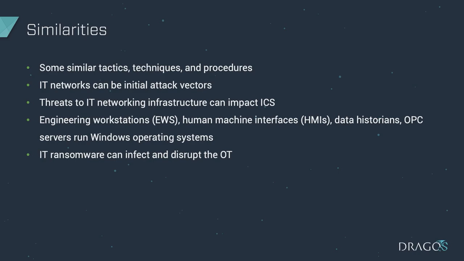You have spear phishing, watering hole attacks. These are common TTPs that you're going to see from OT-focused adversaries with the initial access vector. Again, IT networks can be initial access vectors like we kind of saw with the cyber brontosaur. They're going to use that to facilitate their OT network access. There's this idea of threats to IT networking infrastructure that can impact ICS.